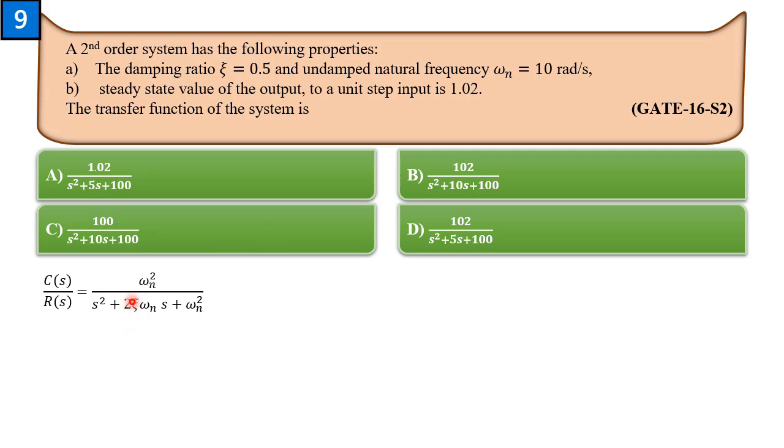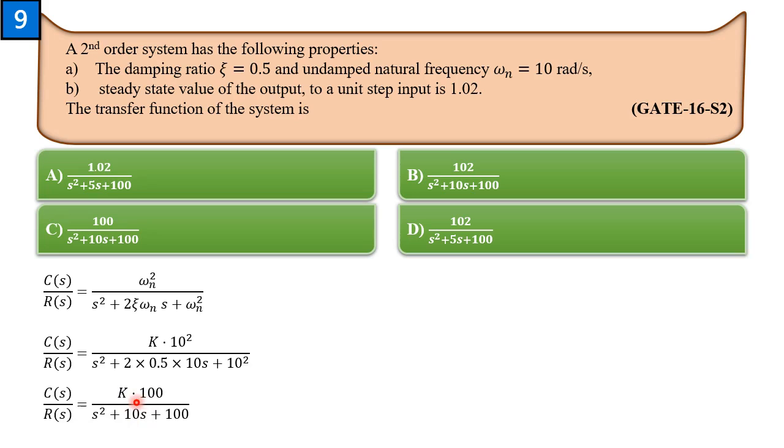So we have to multiply it with k over here, and put the values of omega n and zeta. So omega n square, and we put zeta 0.5. Further simplifying, it will give k into 100 upon s square plus 10s plus 100.